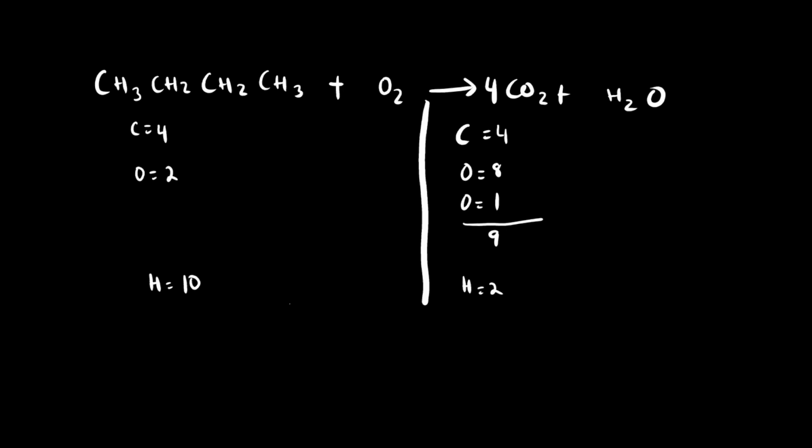Least common multiple of 10 and 2 is 10, so we need to introduce a coefficient of 5 in front of the water.